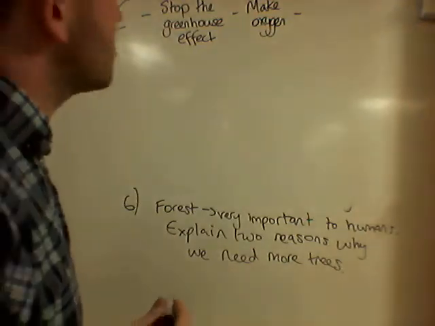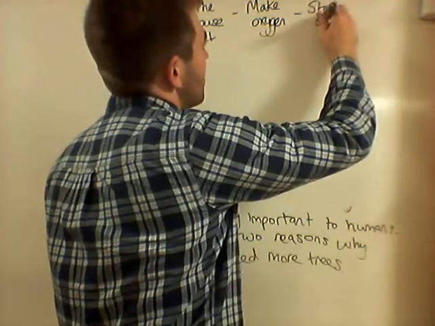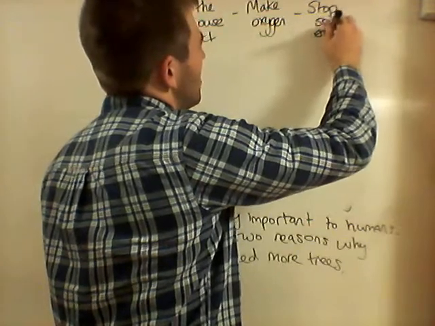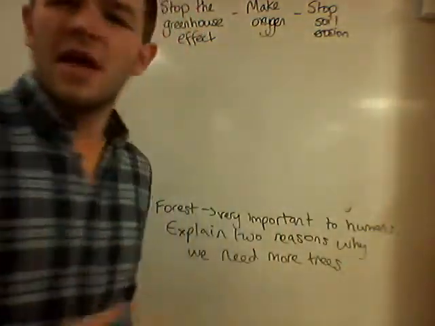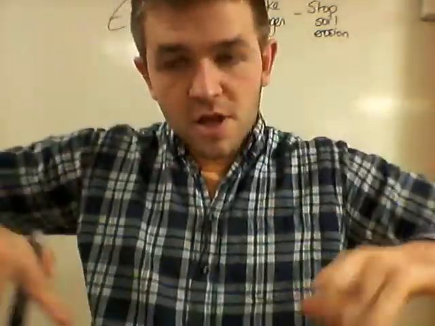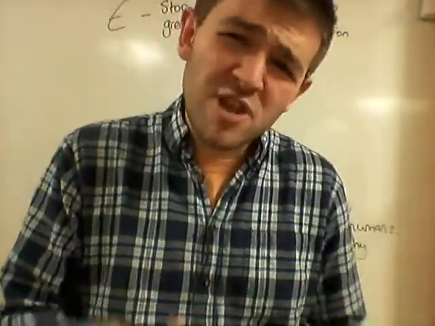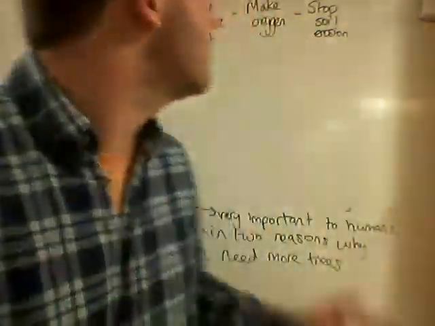Another good reason could be that they stop soil erosion. If there's lots and lots of trees in an area, then it's very hard for the soil to actually disappear. It's stuck in there. If you don't have many trees and many plants, you do get a lot of the top of the soil comes off and all the nutrients go as well.